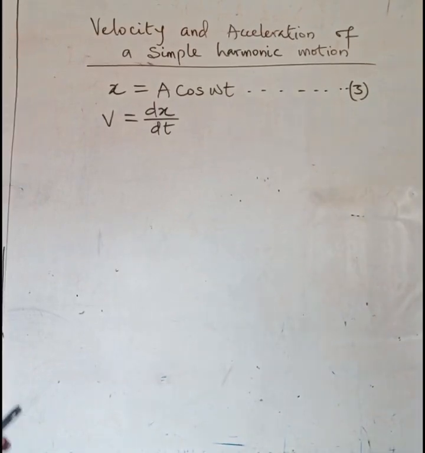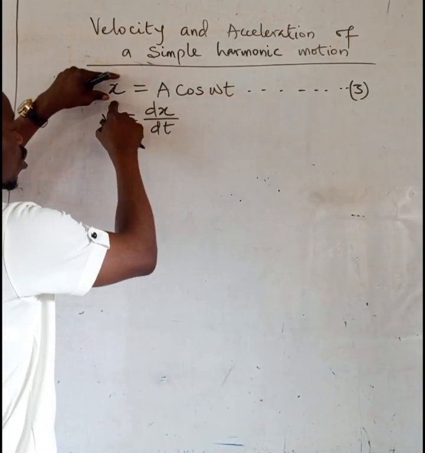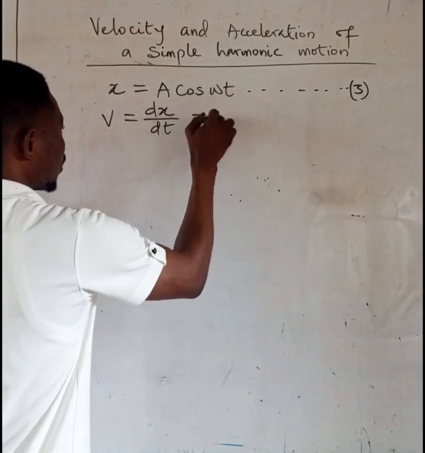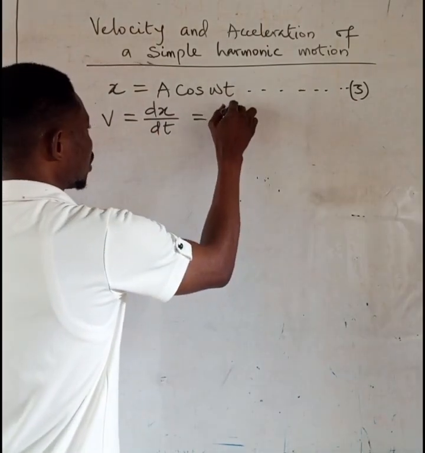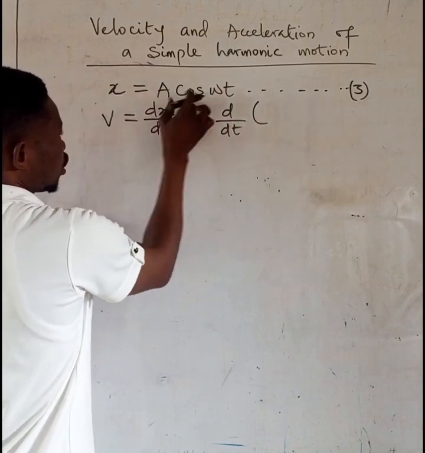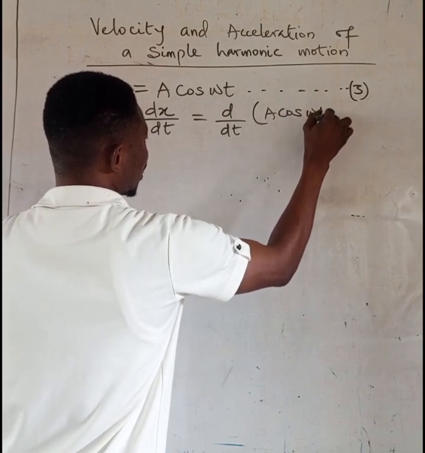So we are now going to substitute our value for x, so that we can say that velocity is actually equal to d/dt of x, which we already know is a cosine omega t.